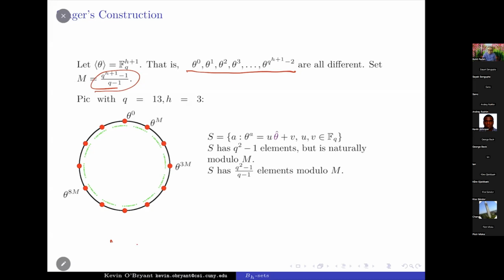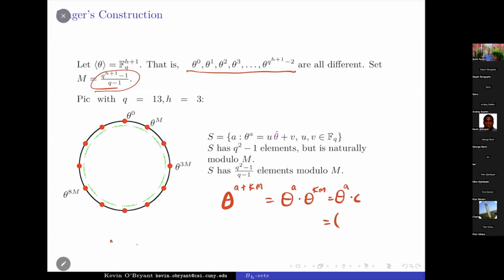But if we take a, hold on a second, all right, I'm writing real thick. If I look at theta to the a plus km, that's theta to the a times theta to the km, which is theta to the a times something in the base field, c.